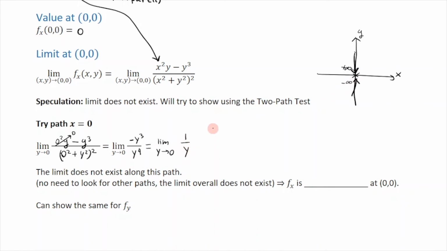So in either case, what we get is that this limit doesn't exist. So then this fx function is not continuous at 0, 0. And the same thing for fy. If you go through the same steps, you're going to get the same answer.